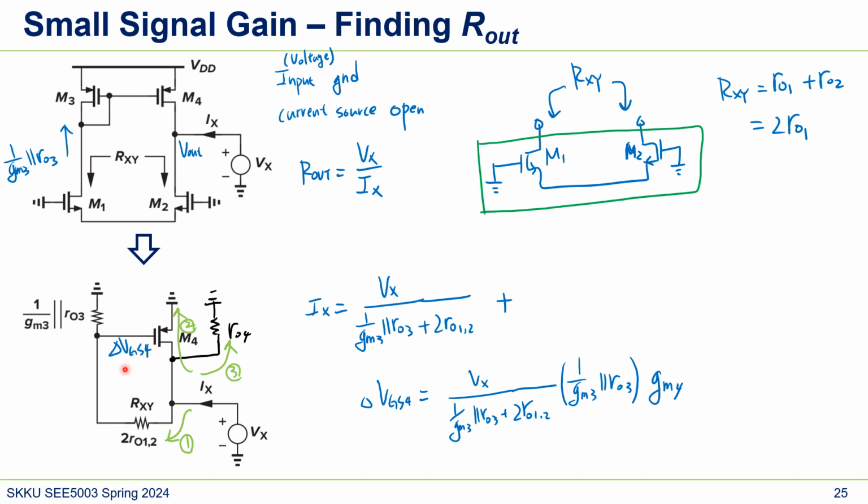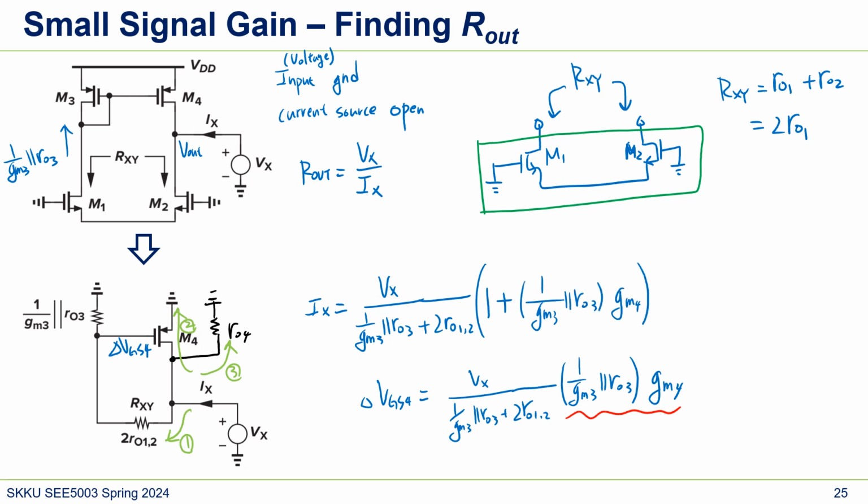Because if this voltage changes by about this much, the PMOS will draw more current here, so we multiply by GM4. So it looks like they have a common term here, so we'll add it here. So that will be 1 plus this one, right? So 1 over GM3 parallel RO3 times GM4.